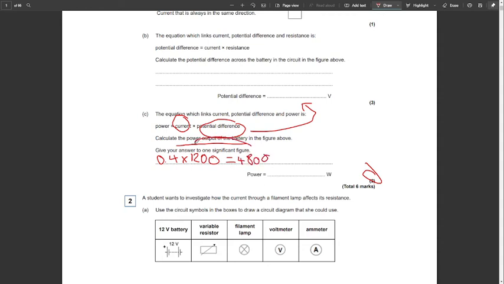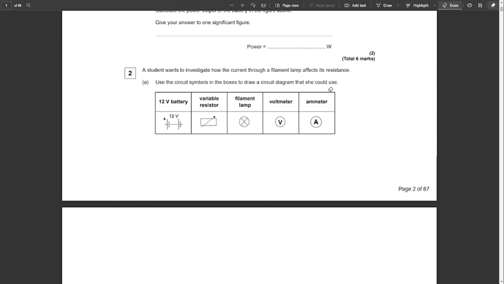But it's set to one significant figure. So your answer is going to be 5,000 watts. Because it's asked for one significant figure, and once again I did 2 things.